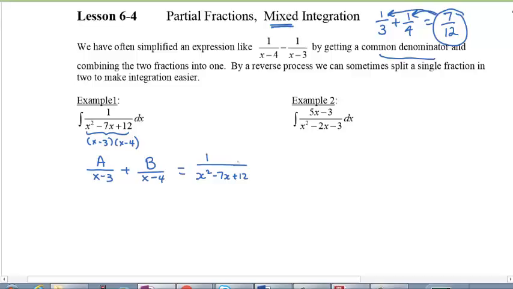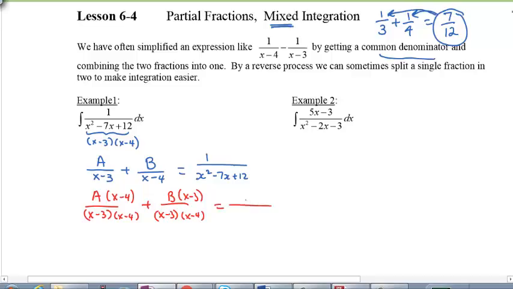Well, in order to equate fractions, you have to have the common denominator. So if I have the common denominator, what I need to do is make the first fraction here. I guess I'm missing an x minus 4, so I'll multiply the top by x minus 4. The middle fraction, I'm missing an x minus 3. X minus 3, I guess, goes on top.